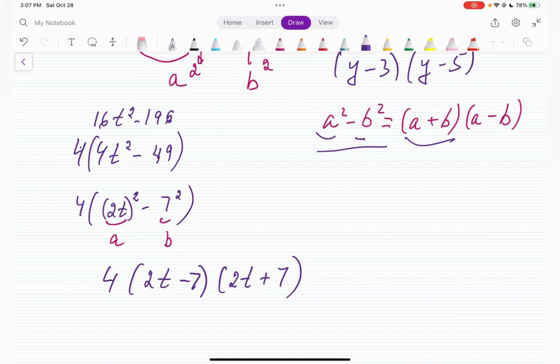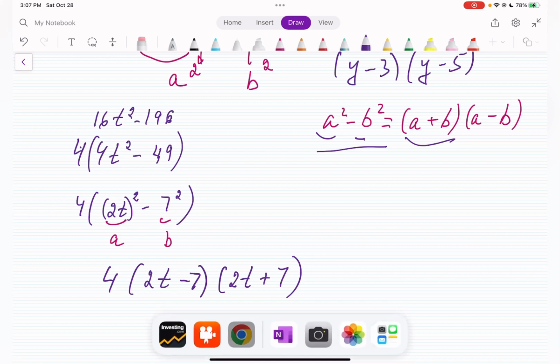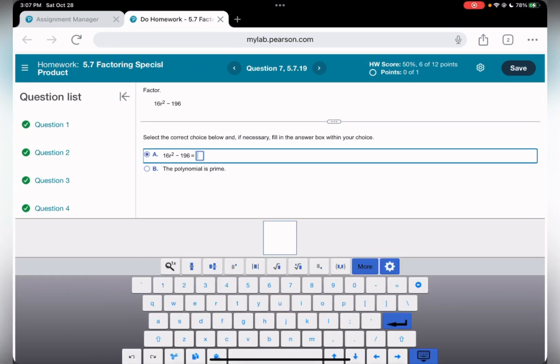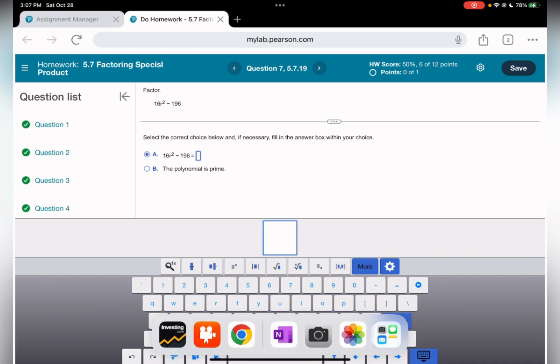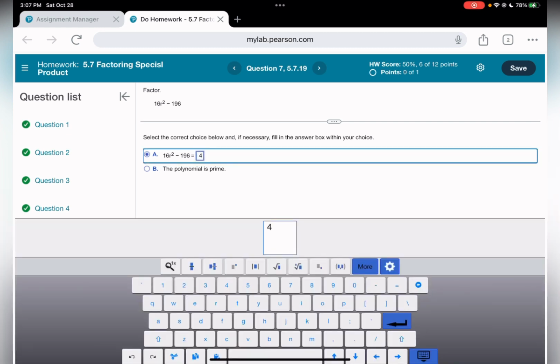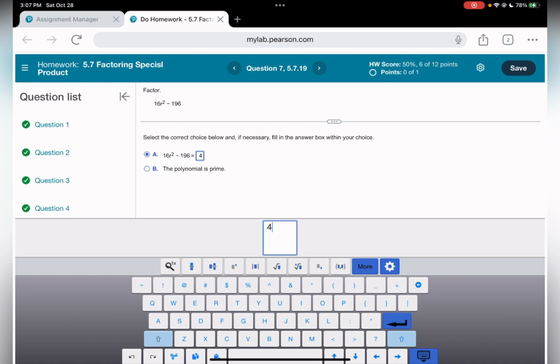There we go. Let's write down. We are taking out 4. 4, and then 2t minus 7, and then opening 2t plus 7.